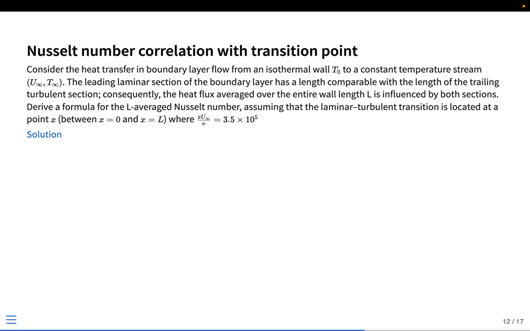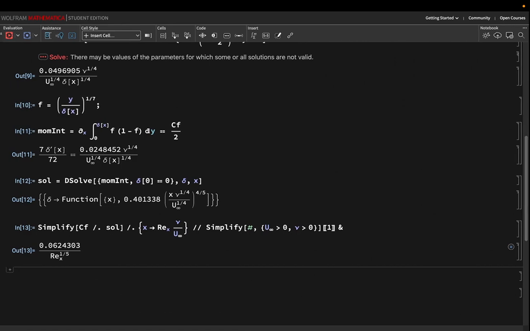Instead, it goes through a laminar region followed by a sudden transition to turbulent at the x where the local Reynolds number is 3.5 times 10 to the power 5. And with this transition, it will eventually go to fully turbulent flow. This is actually a very straightforward problem.